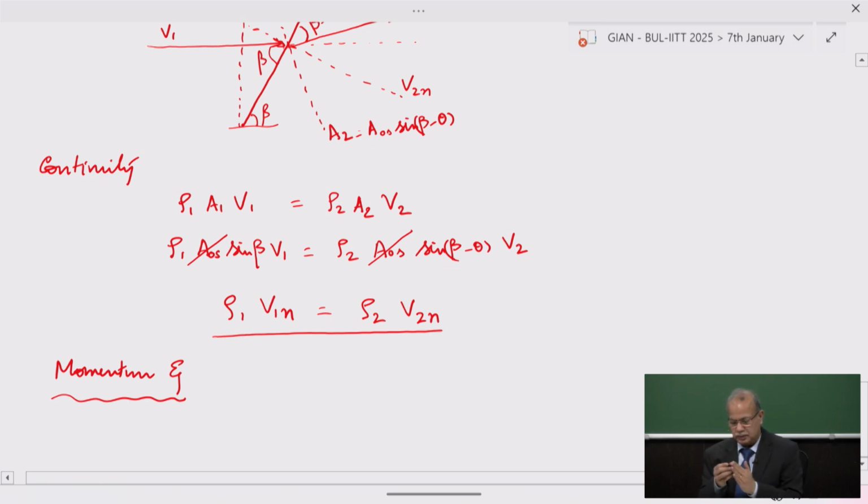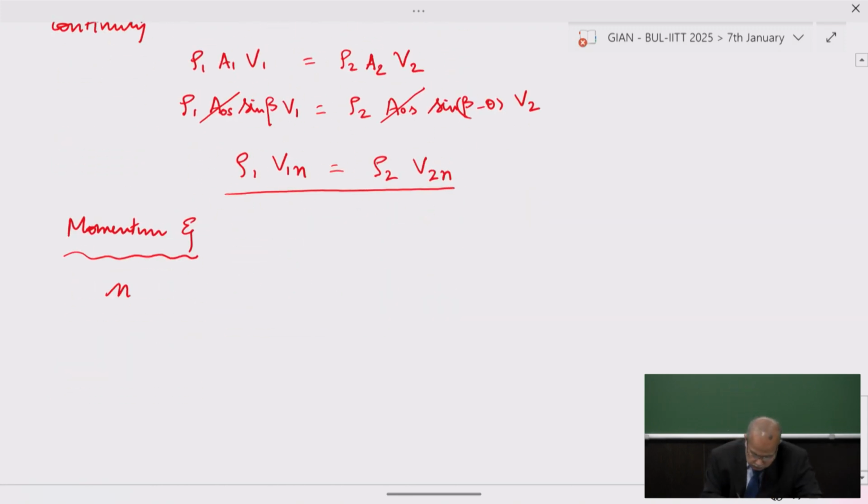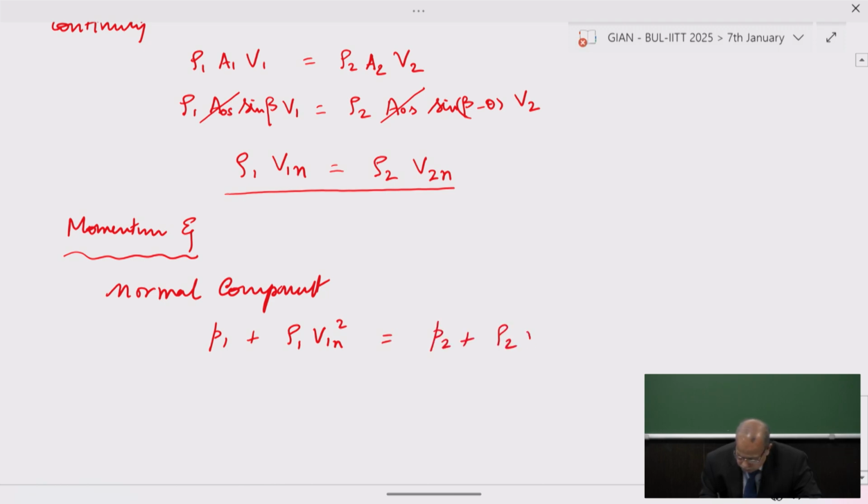So the momentum again has two components: the normal component momentum and the tangential component momentum. So the normal component is P1 plus rho 1 V1n squared is equal to P2 plus rho 2 V2n squared. That is the normal component.